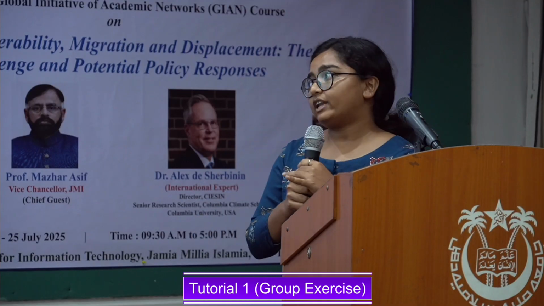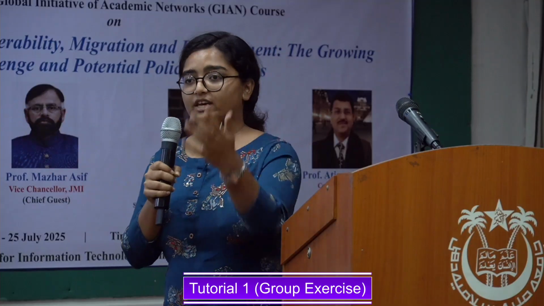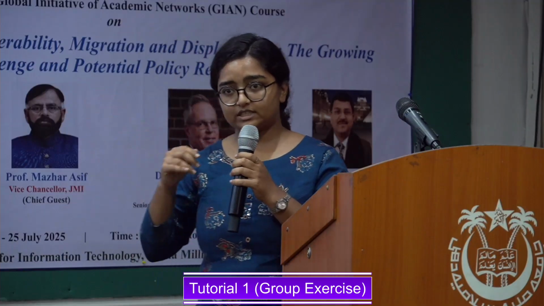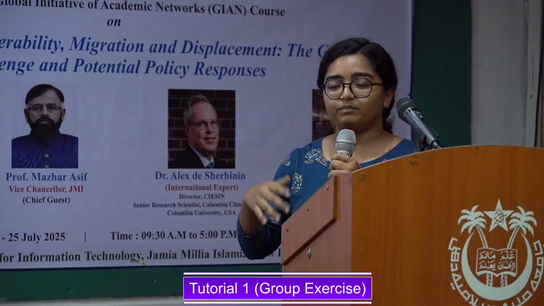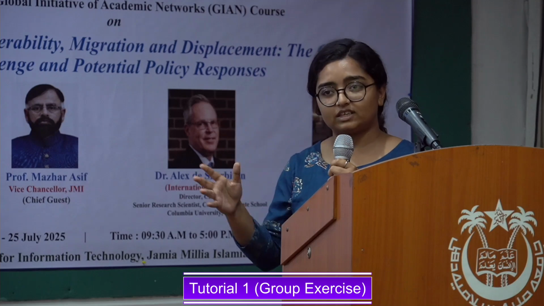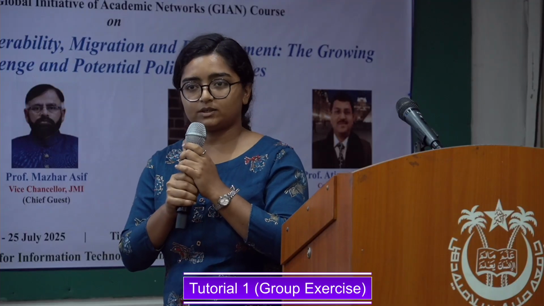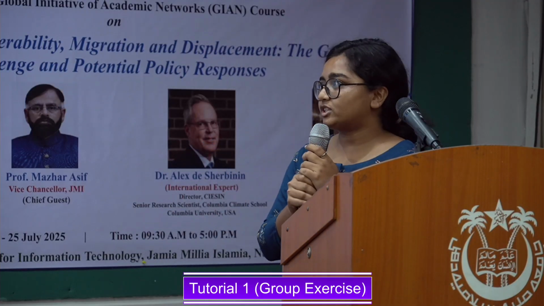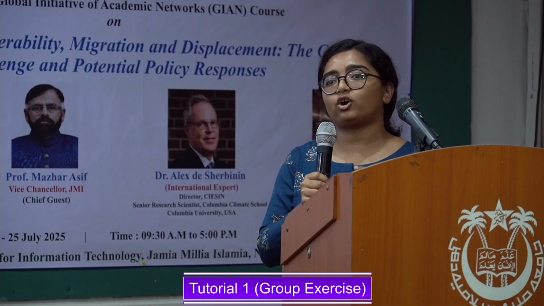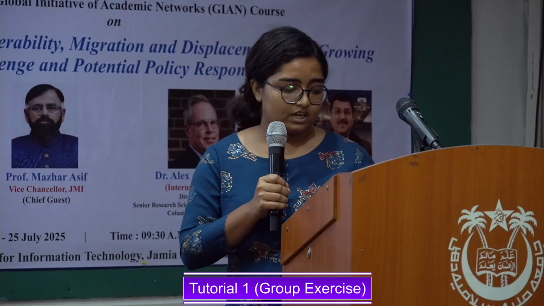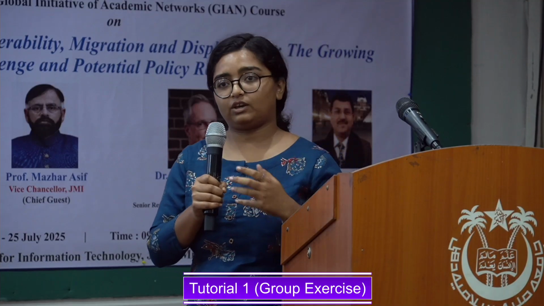Then, coming to differential income: resource scarcity is giving rise to differential income. In urban areas, there is a high income or affluent population, whereas in the coastal areas, due to resource scarcity or resource degradation, differential income is visible.